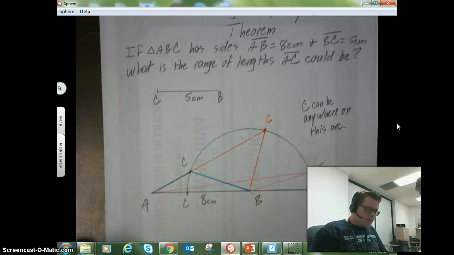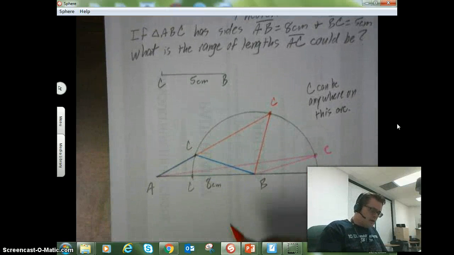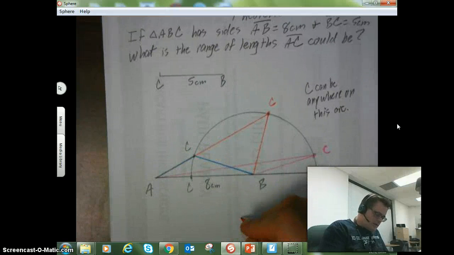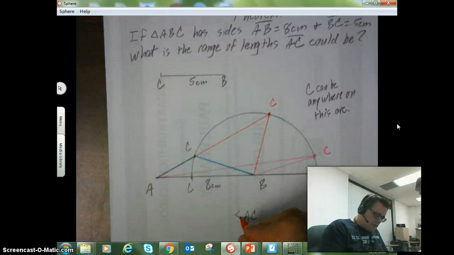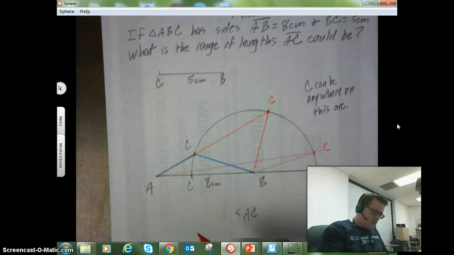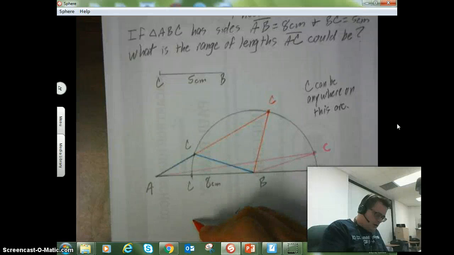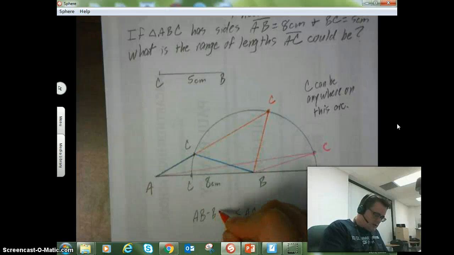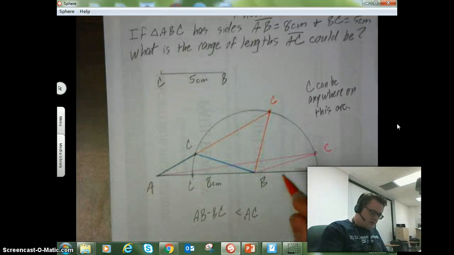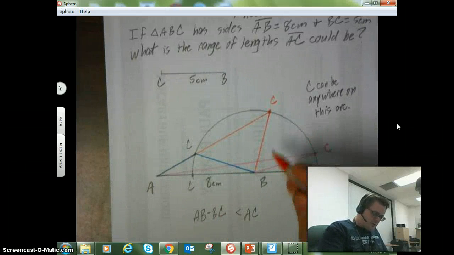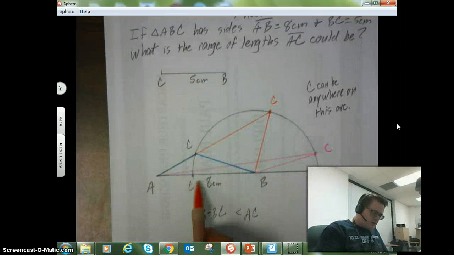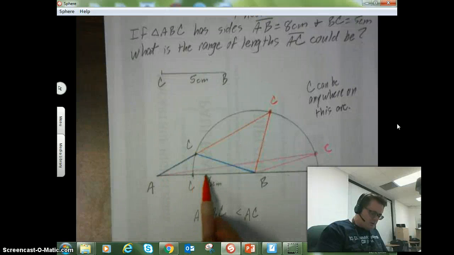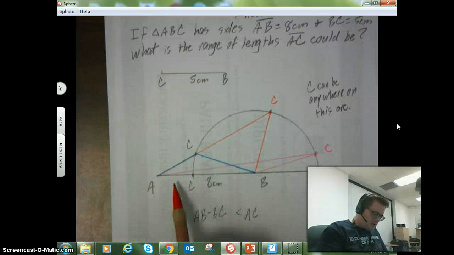So what we're able to conclude here is that AC first of all had to be greater than whatever AB minus BC gave me. Because if all of these radii from B to C are 5 centimeters, then 8 centimeters minus 5 centimeters just gives me my straight line right here.